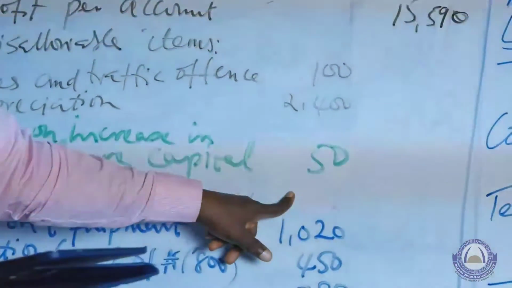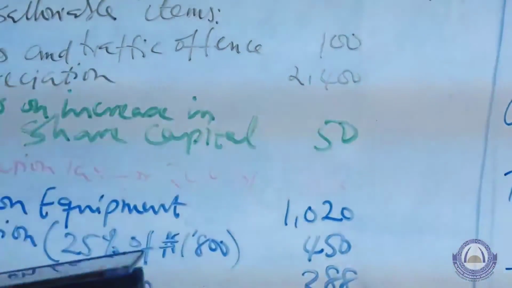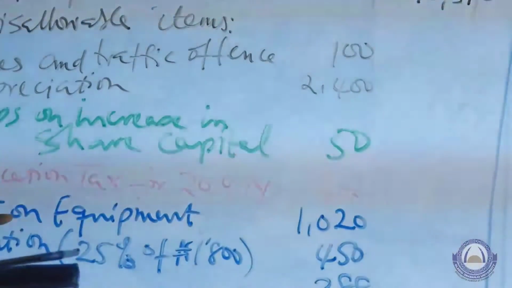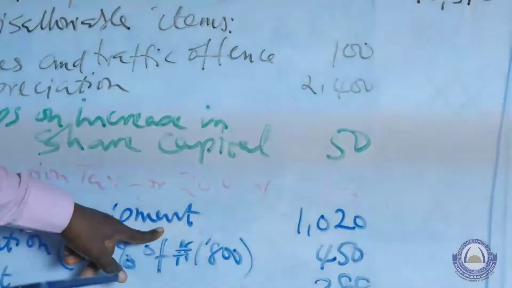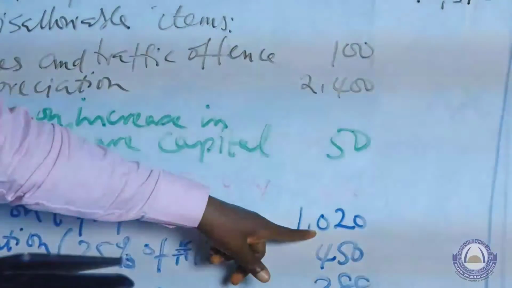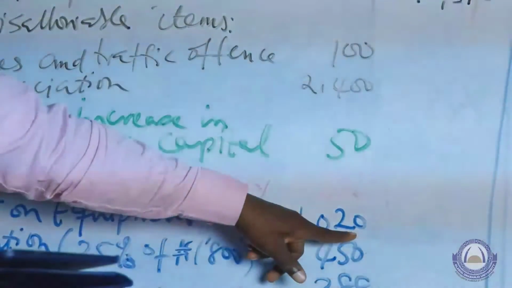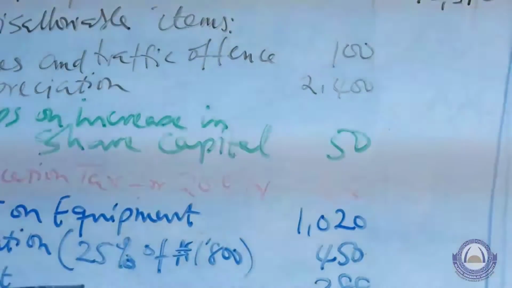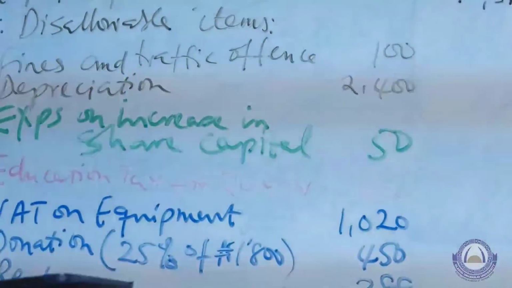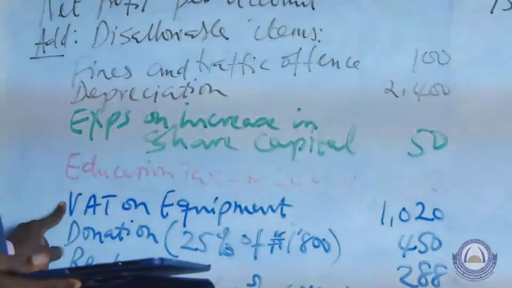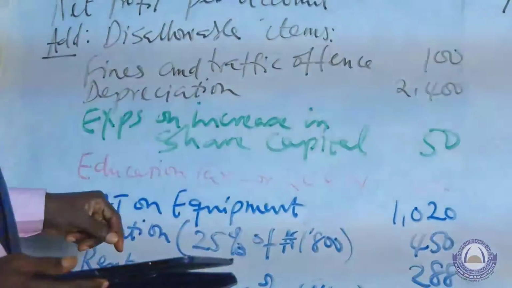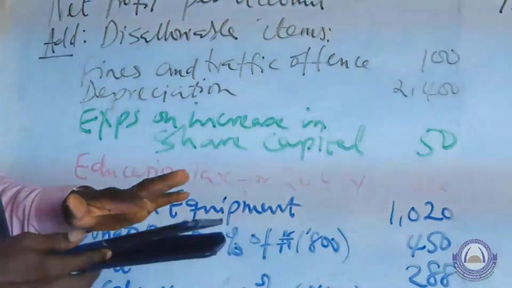Education tax is actually an appropriation, 600,000. VAT on equipment, 1,020,000. Why? Because there's a way by which you claim VAT. So you don't use VAT as an expense to generate income.